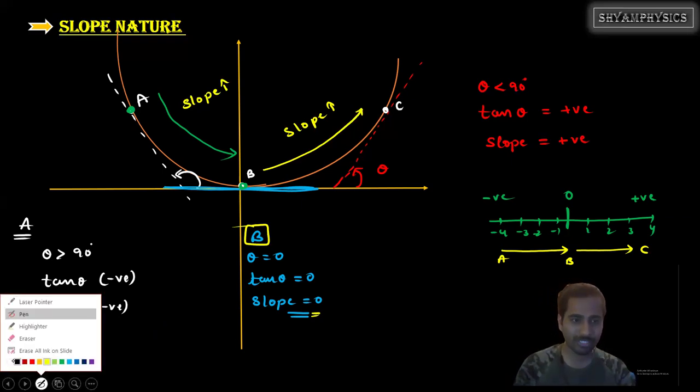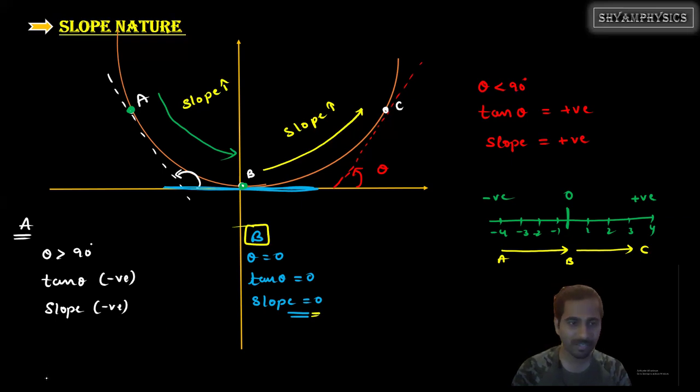Shall I note all these things in one point here? Okay. Listen, what we need to write here. Conclusion. We'll make a note. From A to B, slope increasing.